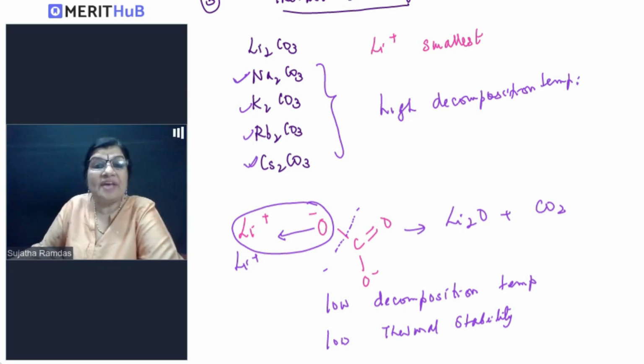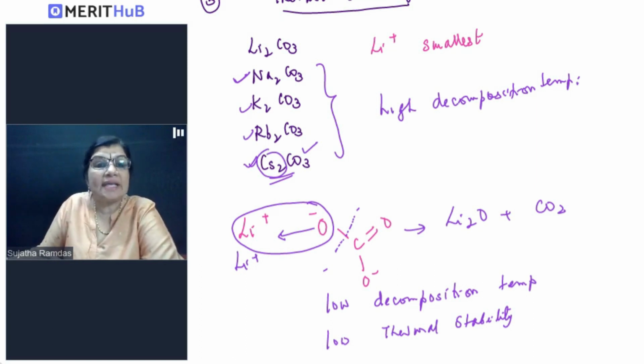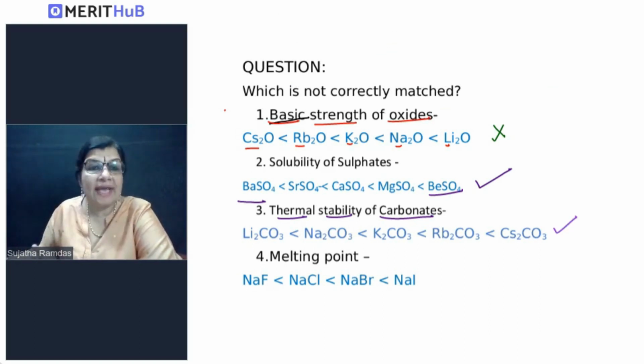Cesium carbonate will have the highest decomposition temperature because of the least extent of polarization of the large carbonate anion. So what is the order of stability? Lithium carbonate is the least stable and cesium carbonate is the most stable. Is that the order given? Yes, that is the order given, and therefore that is also a correct representation.